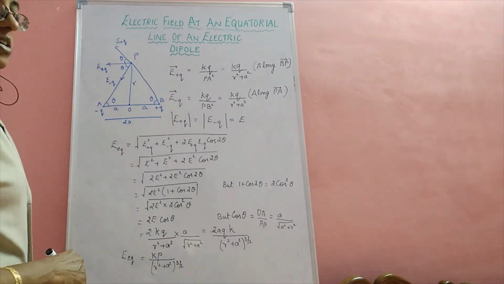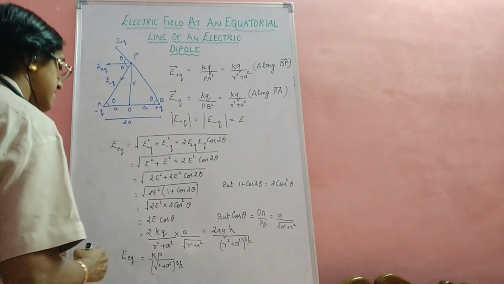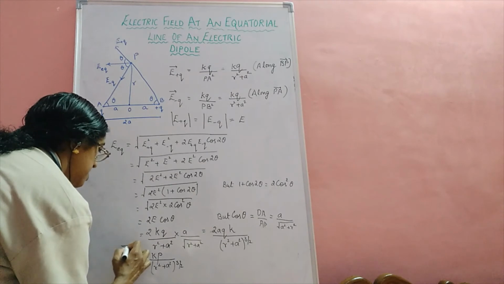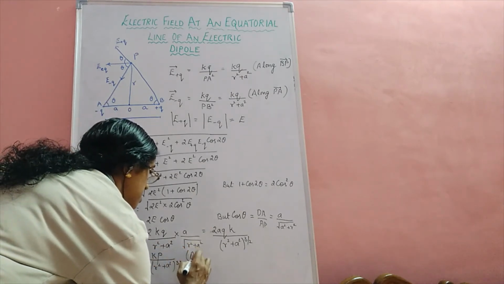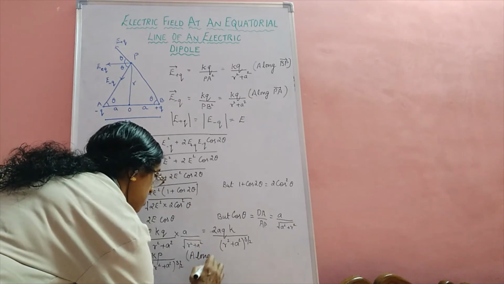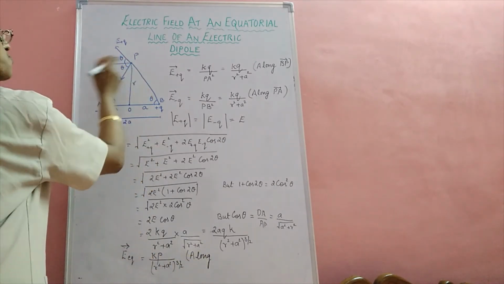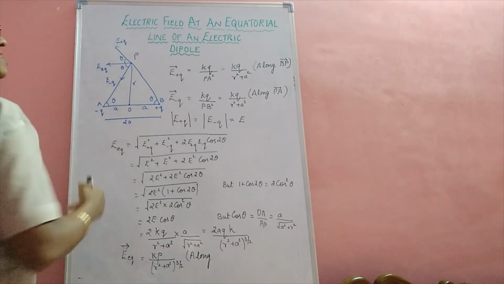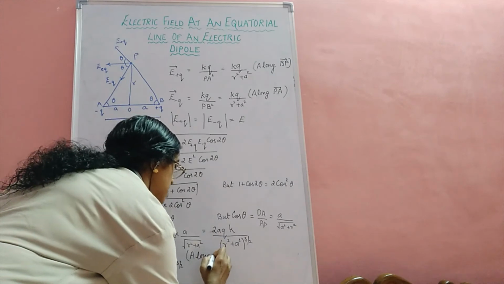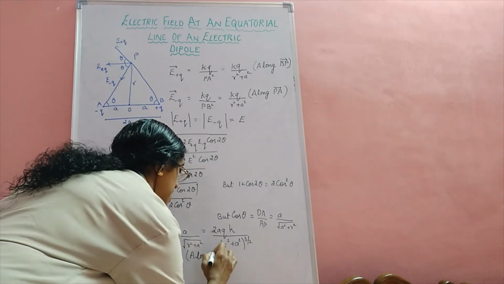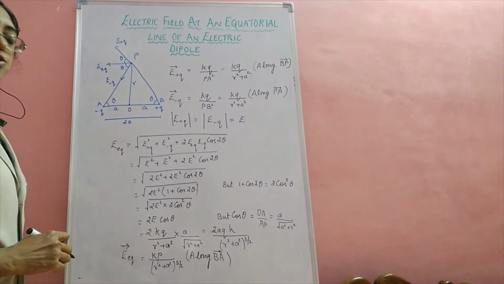Now, when I represent it in the form of a vector, I can write E equatorial. What is the direction? It is from B to A, that is along the left, along the BA vector. Am I clear, children?